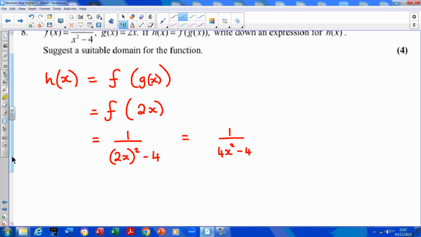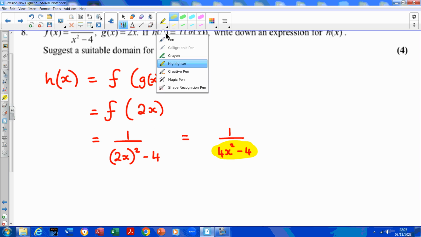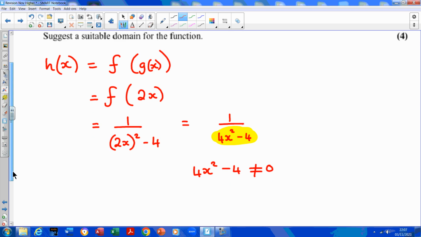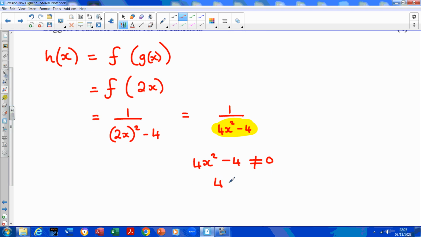So if you look here, we are dividing by this thing here. So that means that that cannot be equal to 0. So we've got 4x squared minus 4 cannot be equal to 0. So we're going to solve that wee equation. I'm going to add 4 onto both sides, so 4x squared cannot be equal to 4.